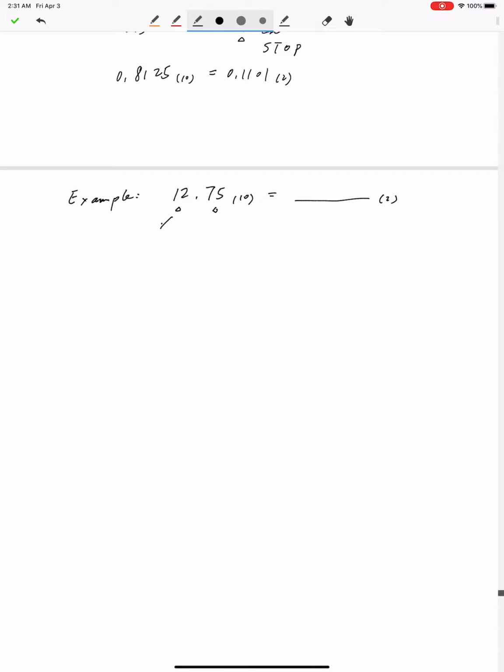So for the integer part, to find the binary representation, you use repeated division by 2. And for the fraction part, you use successive multiplication by 2.